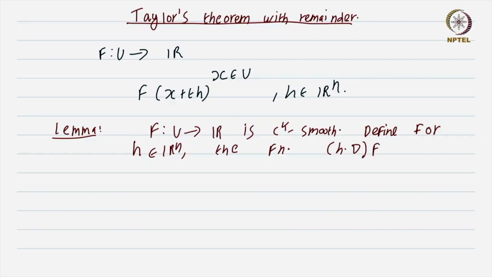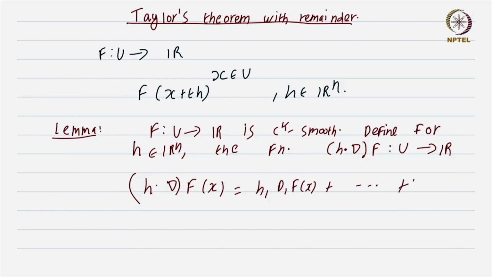This is a function from U to R and it is defined by h dot delta of f at the point x is nothing but h_1 d_1 f(x) plus dot dot dot h_n d_n f(x).